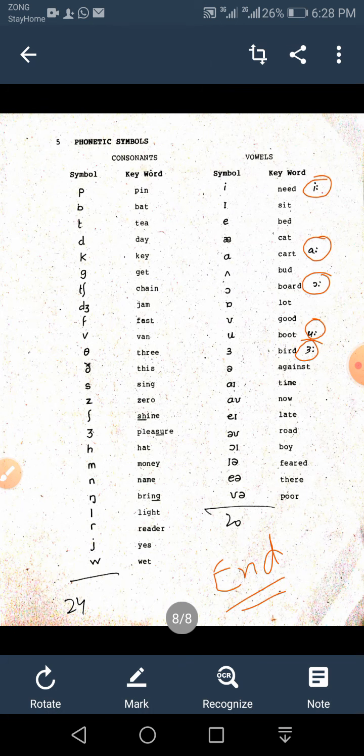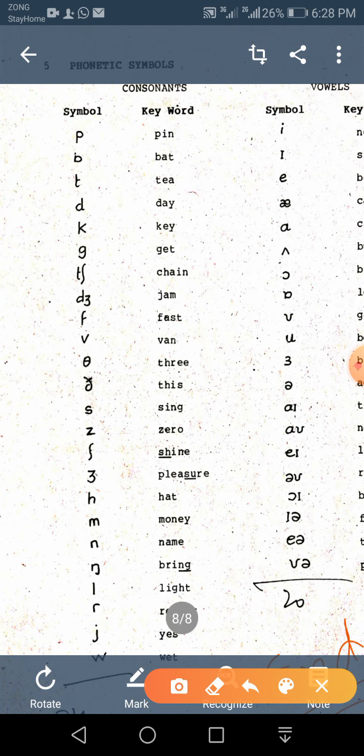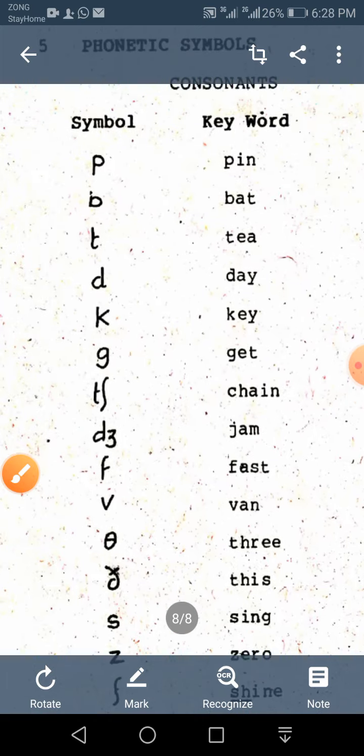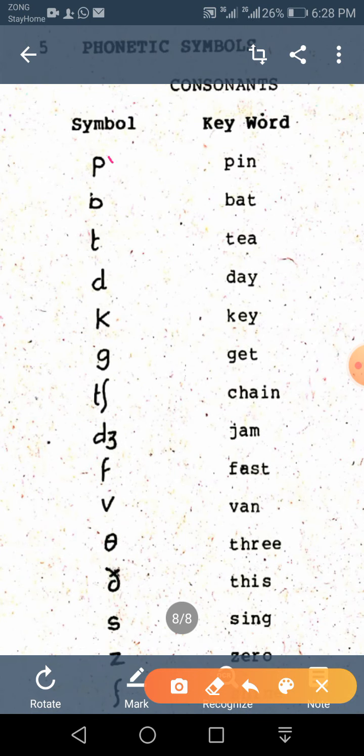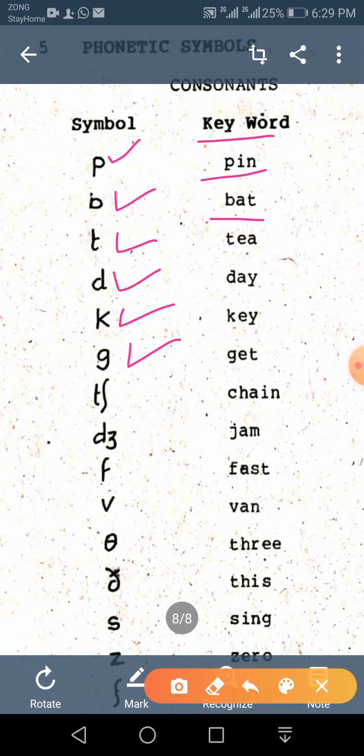Now these are the phonemes. A total of 44 phonemes are mentioned here, as you can see. Now this one b, this one t, this one d, this one k, this one g, as you can see in the words pin, bat, tea, day, key, get.